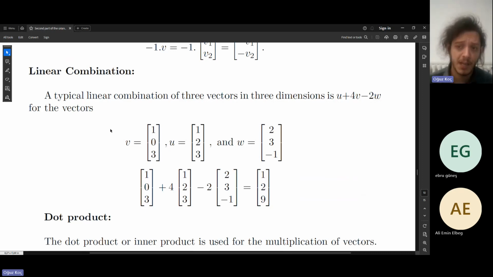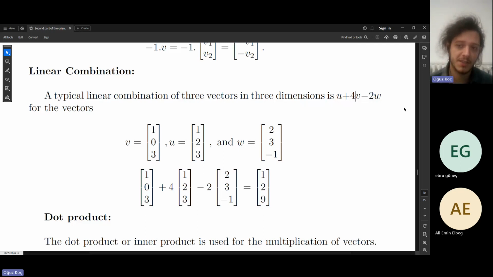For this, we have an example. Let's say V is equal to 1, 0, and 3, and then we have U, 1, 2, and 3, and we have W, 2, 3, and -1.